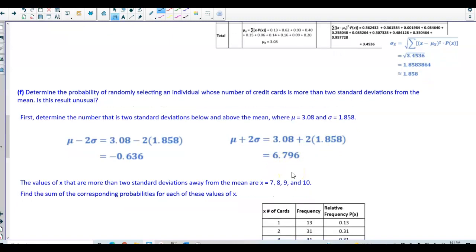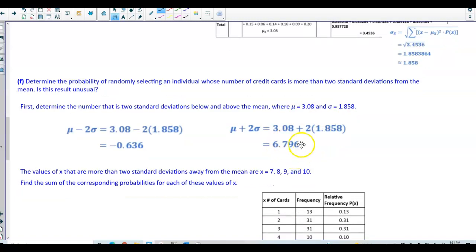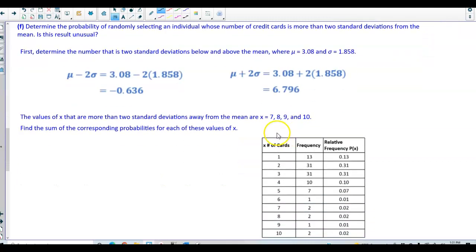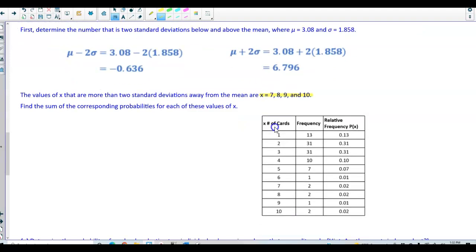So that means we need to find the values it says more than 2 standard deviations from the mean. Well, that means more than 6.7 using the x values. So anything that's more than 6.7 are the values of x where we have 7, 8, 9, and then 10.